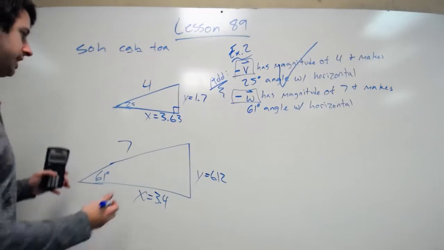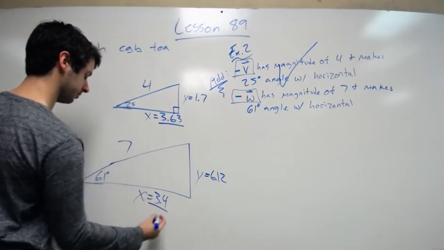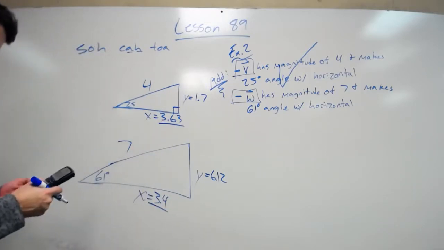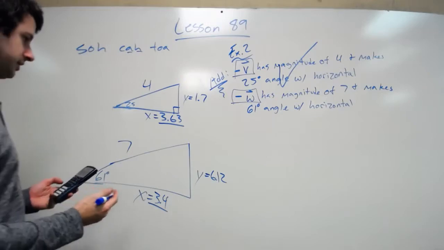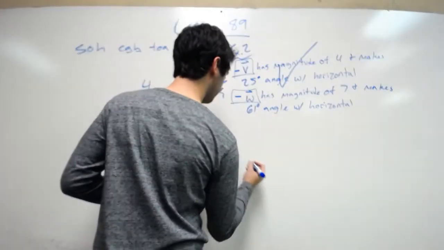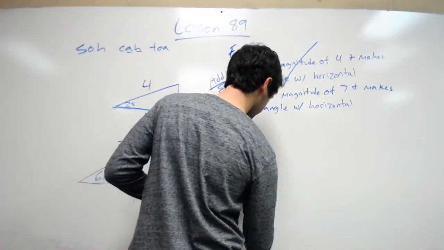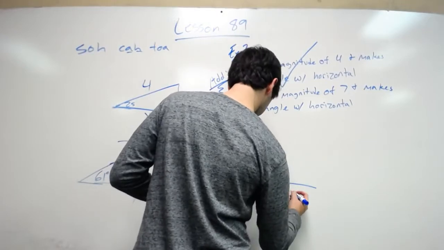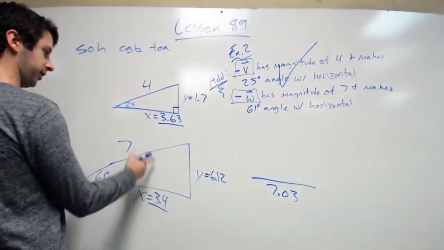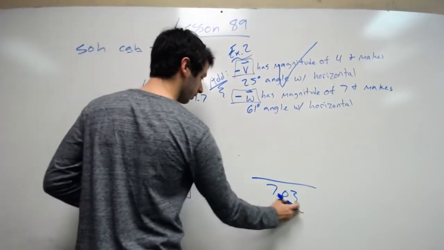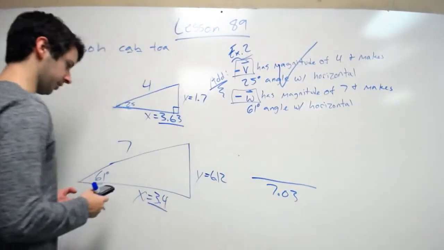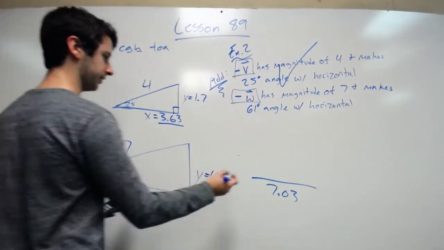So we add my x values, or my horizontals, 3.63 and 3.4, to get a new horizontal of 7.03.